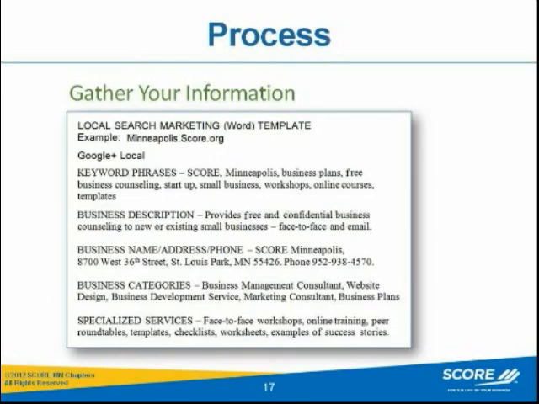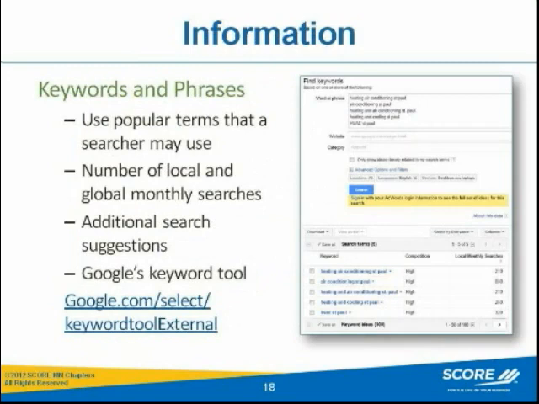When preparing this information, I want you to keep in mind that you have 2 target audiences. One will be the potential customers reading your listing. The other is the search engines who use your information to match the search words people are using. The most important piece of your business information are the keywords and keyword phrases.